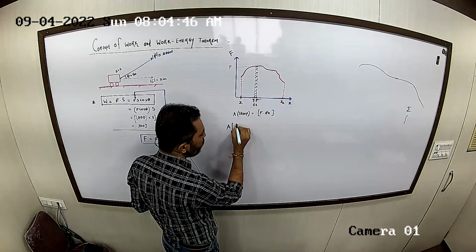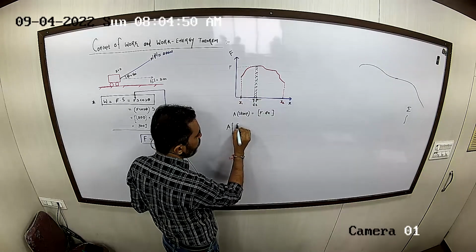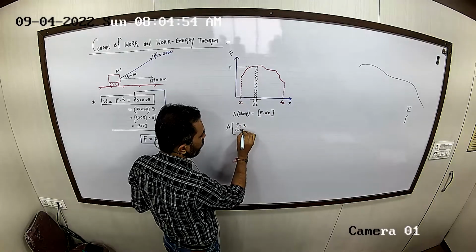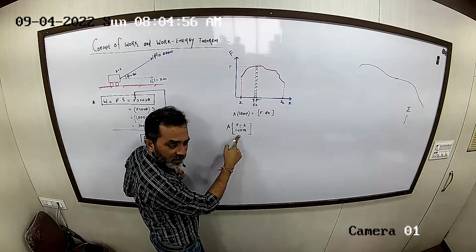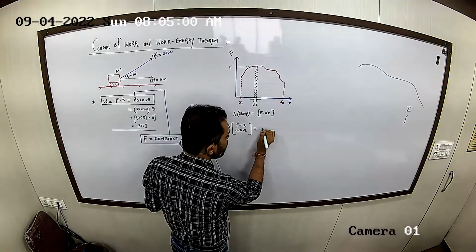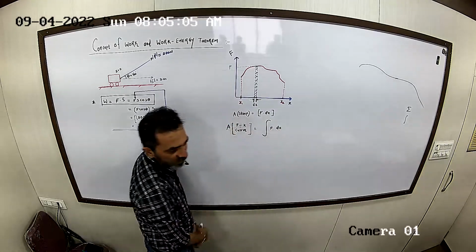Area under fx का, ऐसे लिखा तो चलेगा? Area under fx को लिखा तो चलेगा? What is that equals? अभी ना एक सिंपल सा पॉइंट समझना प्लीज.